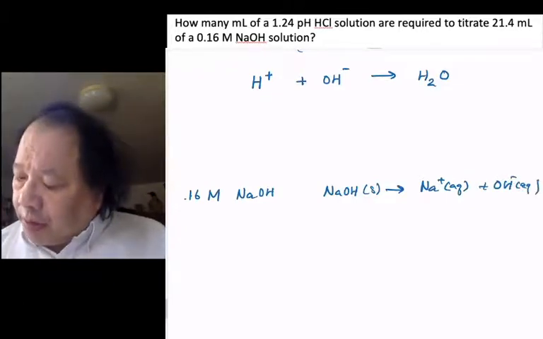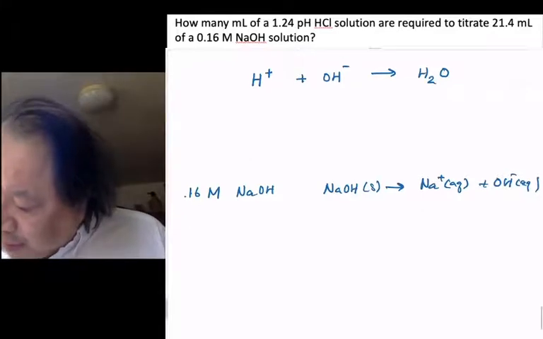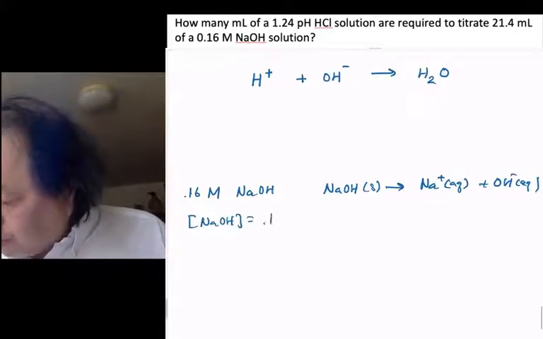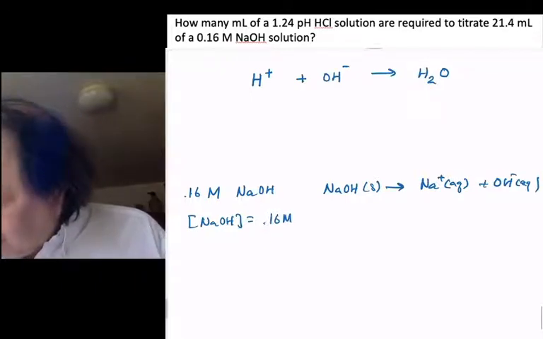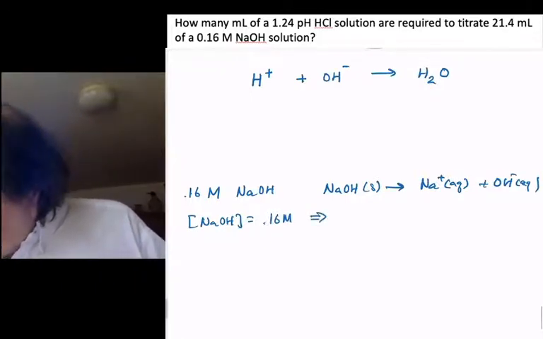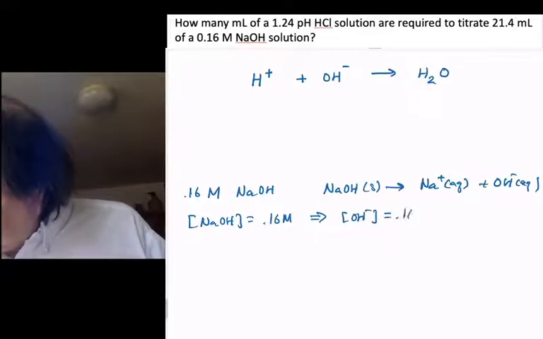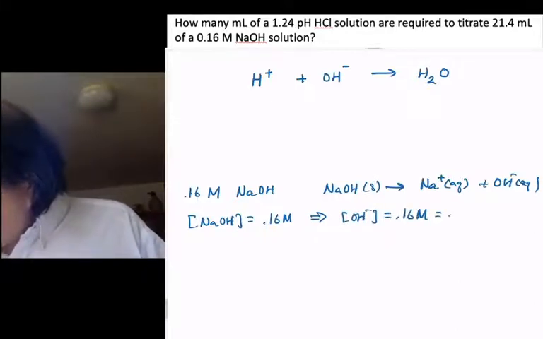So if the NaOH concentration is 0.16 molar, that means that the OH minus concentration is also 0.16 molar, which is 0.16 moles per liter.